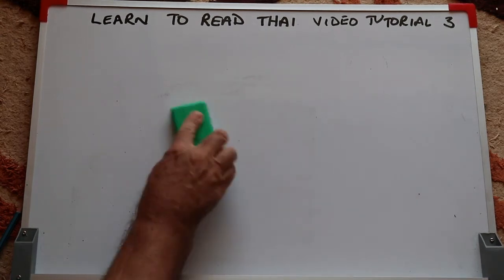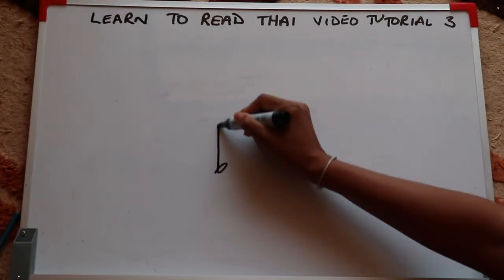Now in Thailand, you will see the metric system of measurement, the imperial system of measurement, and Thais also have their own system of measurement.